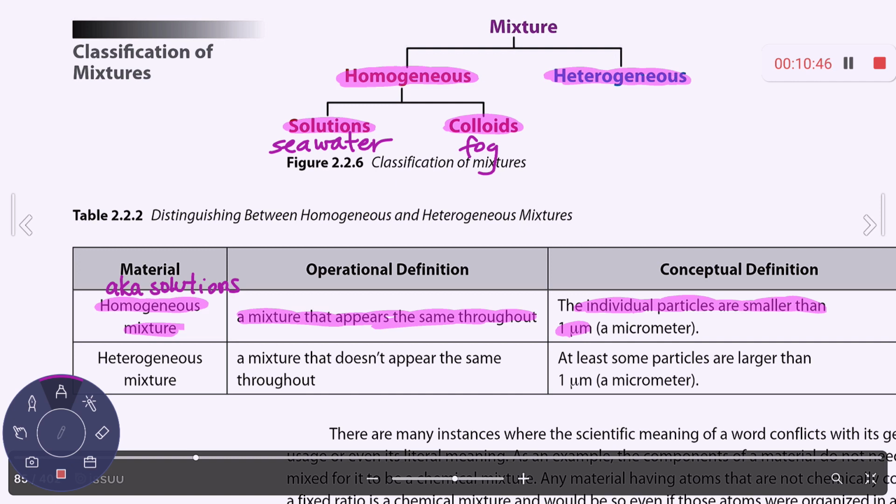I would have to distill salt water to get the water to leave and leave the salt behind, or evaporate the water, okay? Heterogeneous mixtures do not appear the same throughout, and they generally will have some particles that are pretty large that you can sort of visibly see with the naked eye, and you can often pick things out of it. Let's go to the next page.